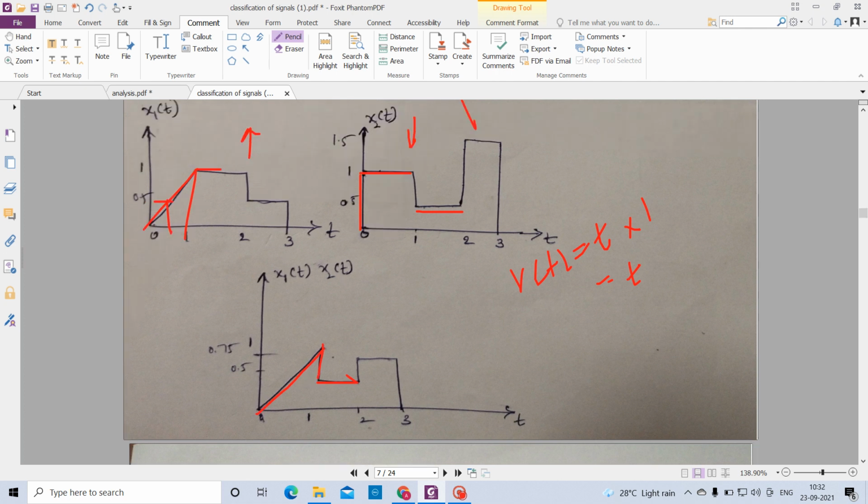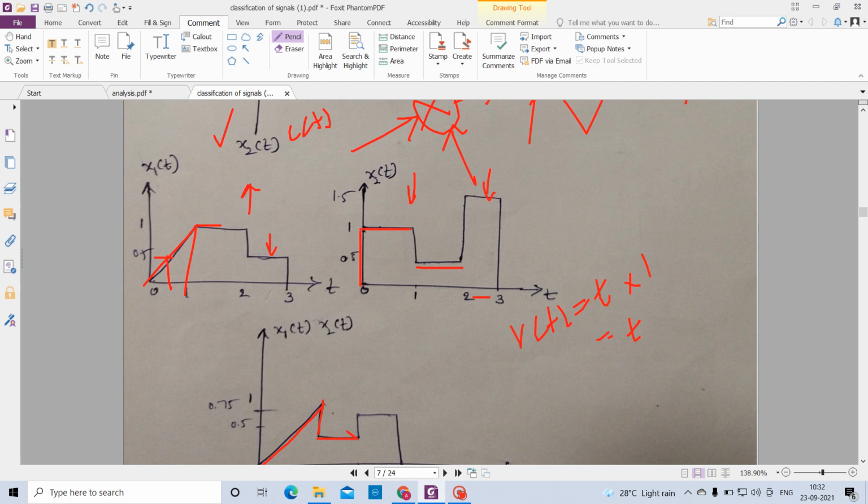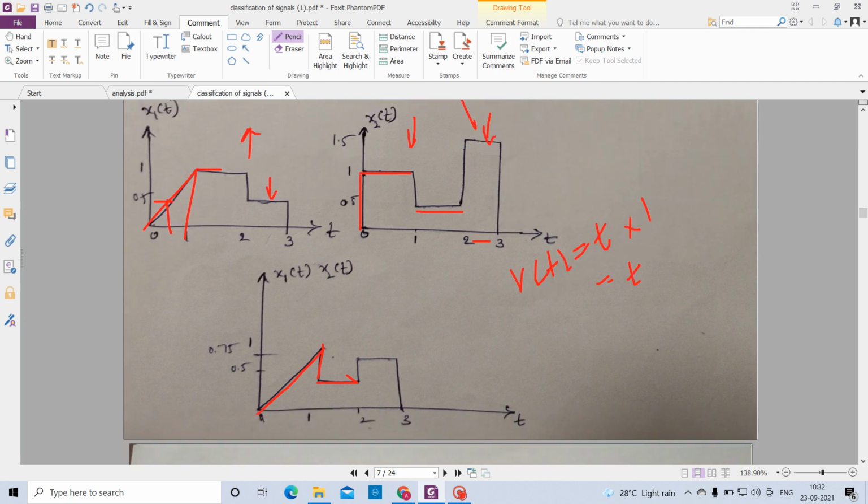Again between the time period 2 and 3, the amplitude of x2 of t is 1.5. This 1.5 is multiplied with the signal x1 of t, whose amplitude between the time period 2 and 3 is 0.5. So 1.5 multiplied with 0.5, we get 0.75 between the time period 2 and 3.